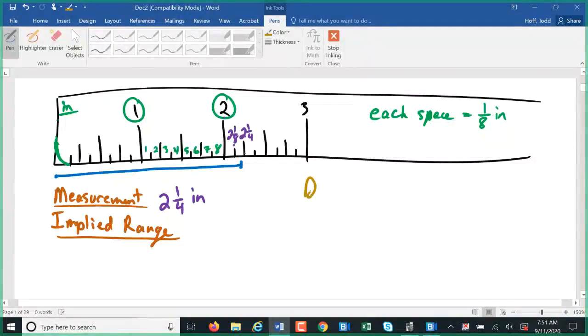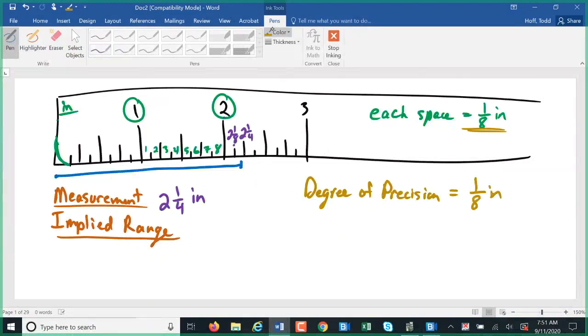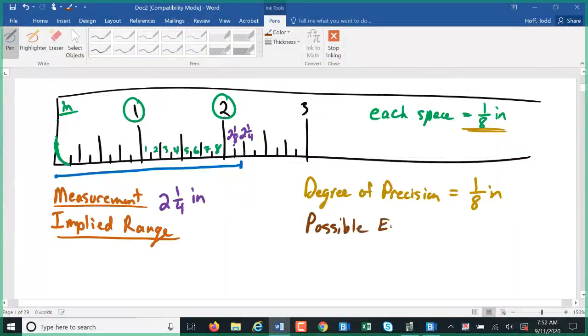First, we need our degree of precision. Well, each space is 1/8 of an inch. That's our degree of precision, 1/8 of an inch. Next, we need the possible error.